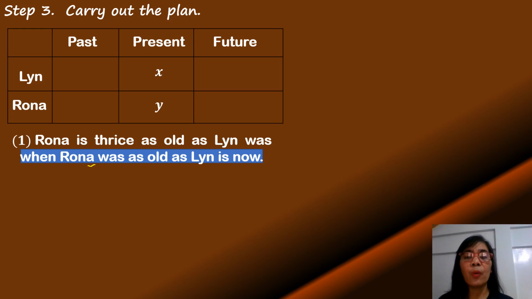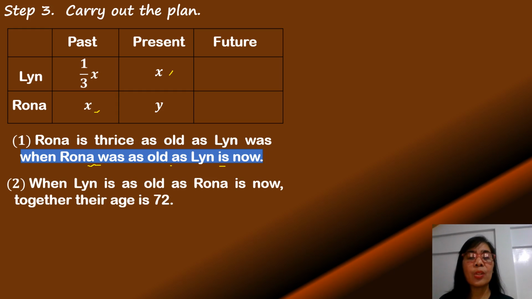In the table, the present age of Lynn is x. So we are referring to the period in the past when Rona was x years old. And it says this age of Rona is thrice as old as Lynn during that time. Therefore, if Rona is x years old and this is thrice the age of Lynn, that means in that period, Lynn was one-third of x.